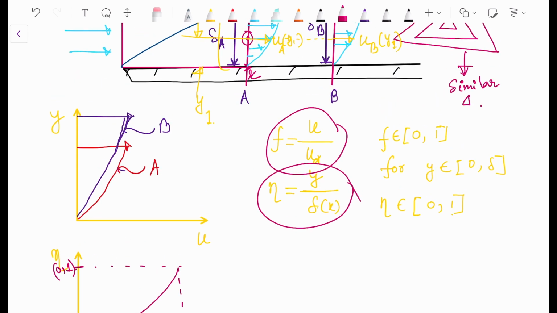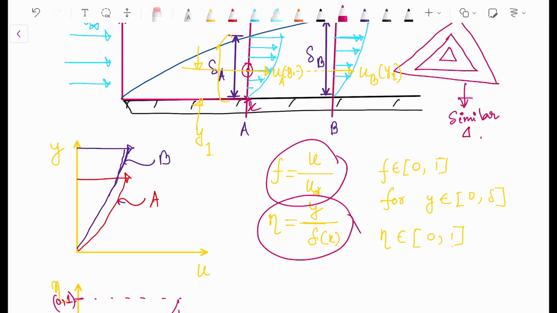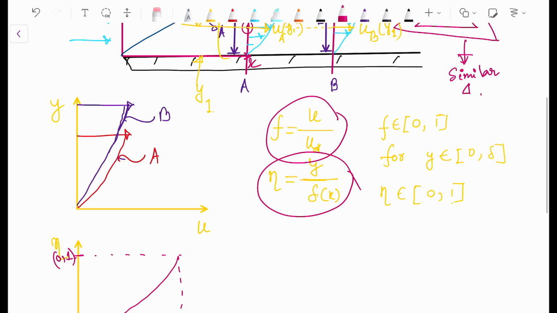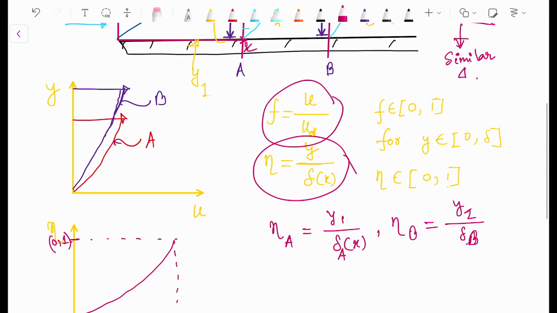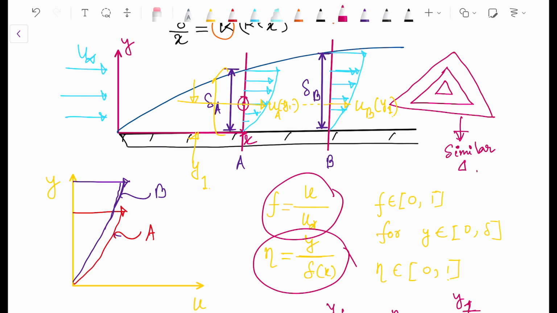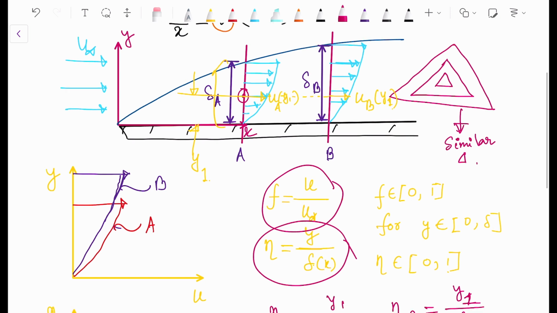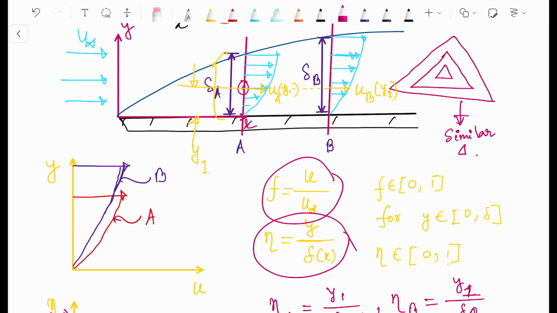Now I have normalized both the things, because you see that at section A at y1, eta A is equal to y1 by delta A, and eta B is equal to y1 by delta B. Delta A is less than delta B. For the previous case, when we were drawing y versus u, at the same y1 we had different velocities, and also different f, because if u is different then f is also different.